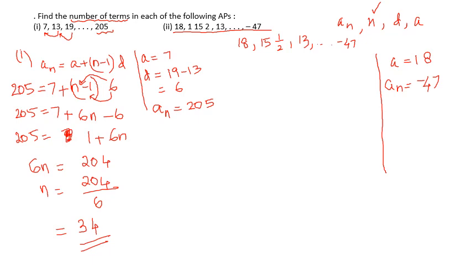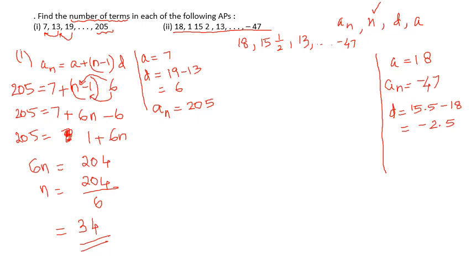So how do you find the common difference? 15.5 means 15.5 minus 18. What is the answer? Minus 2.5. Okay, so you have to put that here.